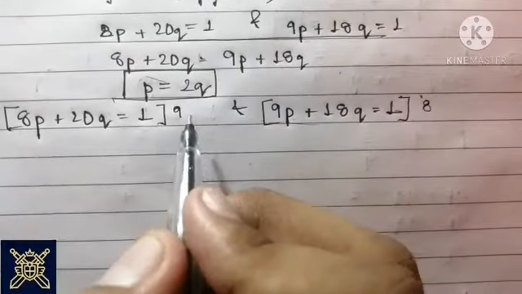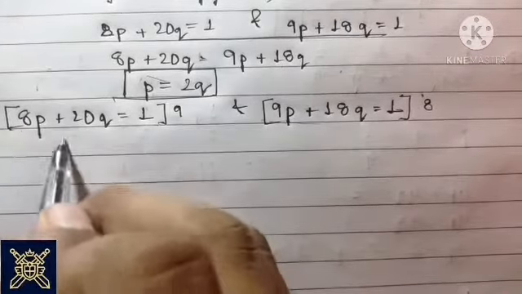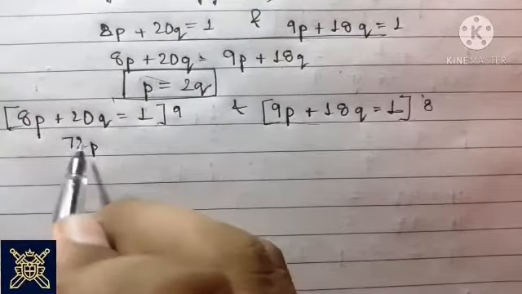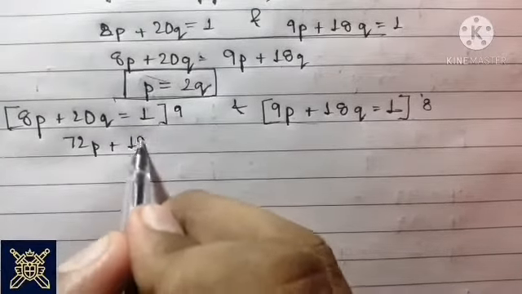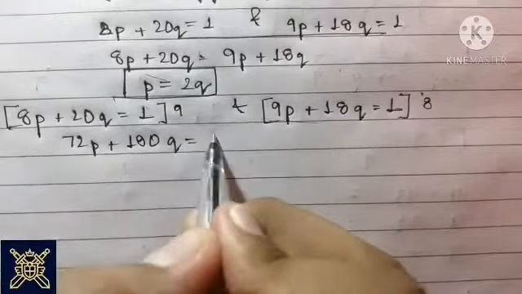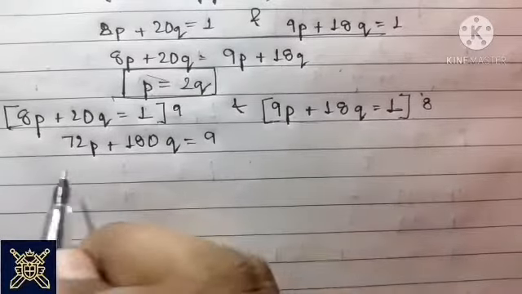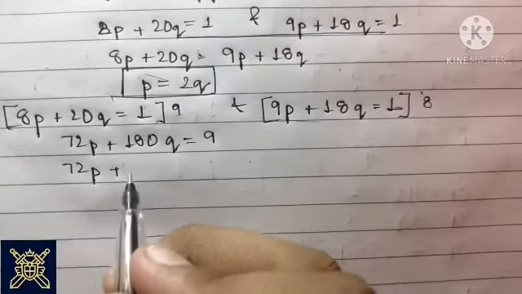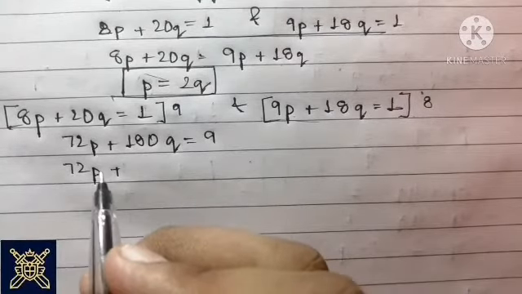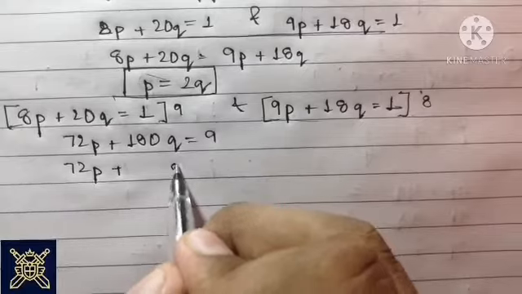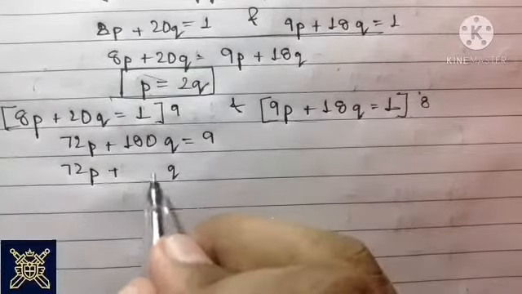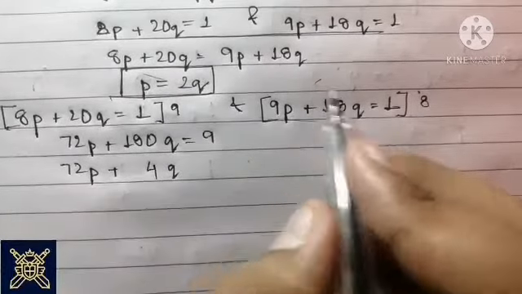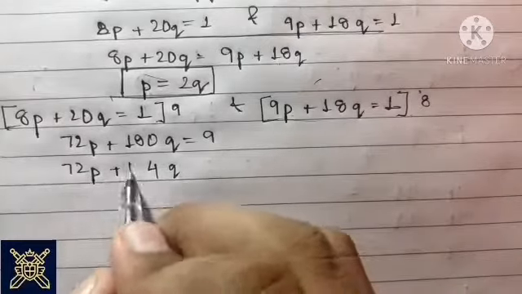Upon multiplication by 9, you get 8 9s are 72p plus 9 2s are 180q is equal to 9. Similarly, here you get 8 9s are 72p plus 18 into 8 q. 8 8s are 64, 4 carries 6, 8 1s are 8 plus 6, 144.